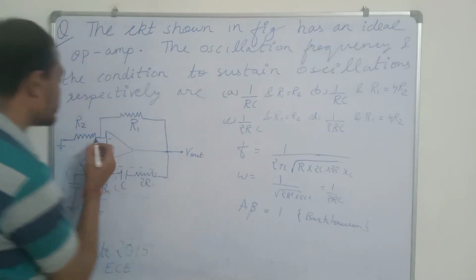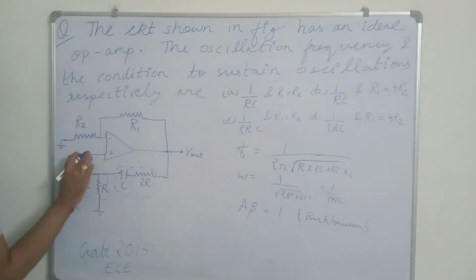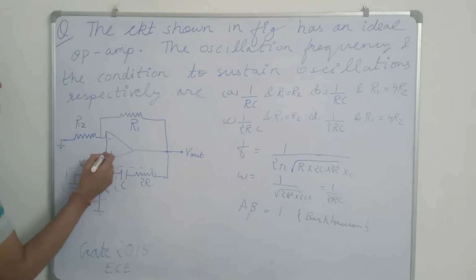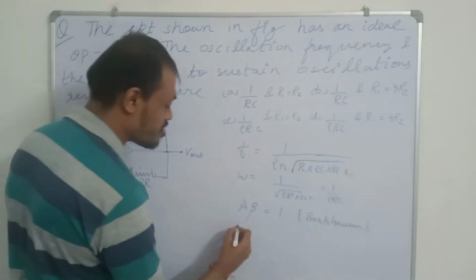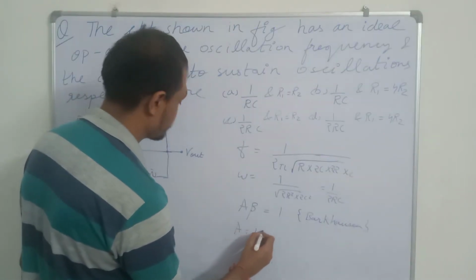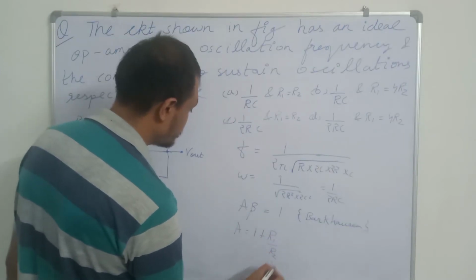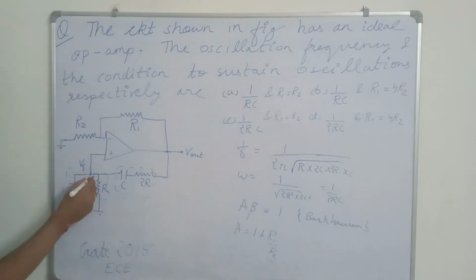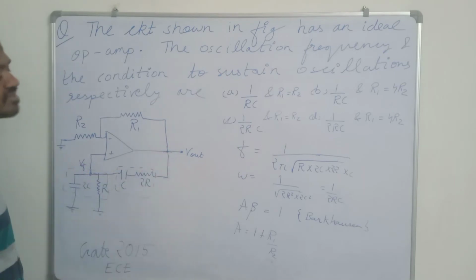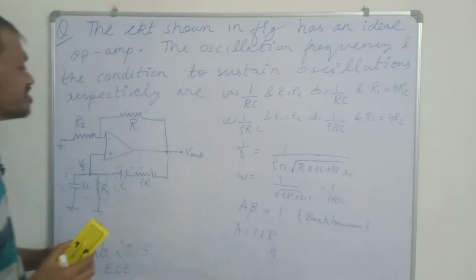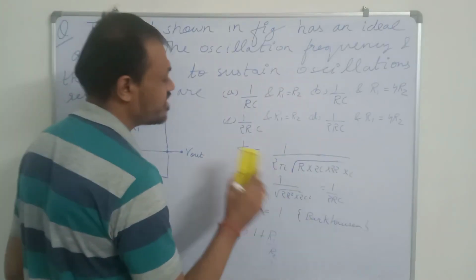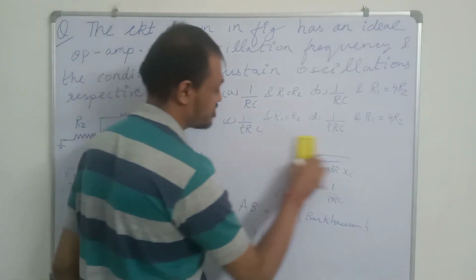This op amp is connected in positive feedback, so the gain of the op amp A is 1 plus R1 upon R2. Now we have to find beta. This is the feedback voltage Vf, and this is the output voltage V out.